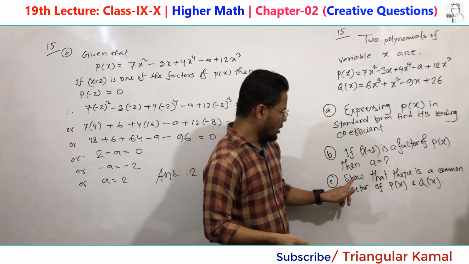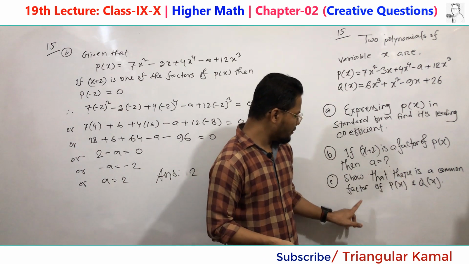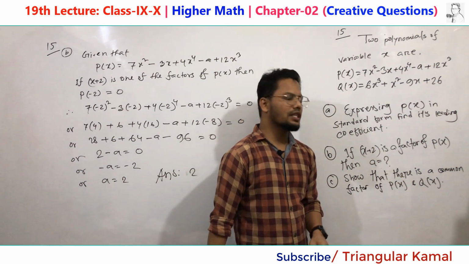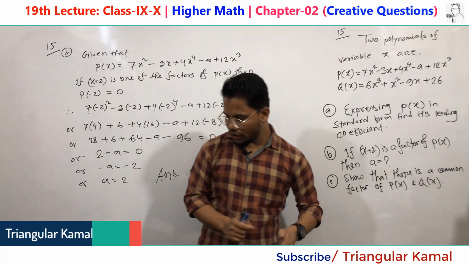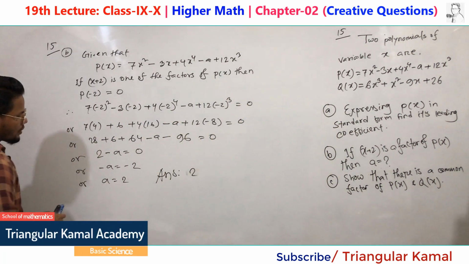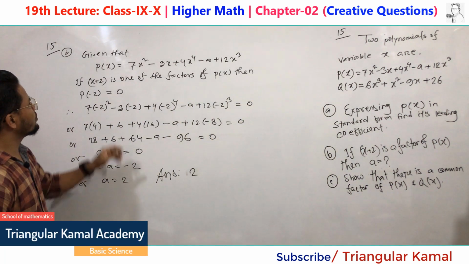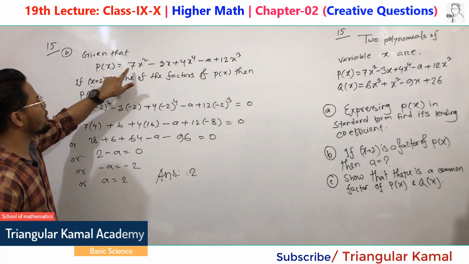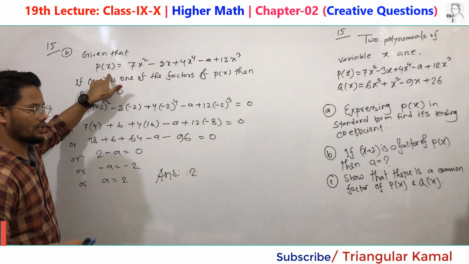Now, show that there is a common factor of p of x and q of x. So already we know here, when a equals 2, then x plus 2 will be one of the factors of p of x.